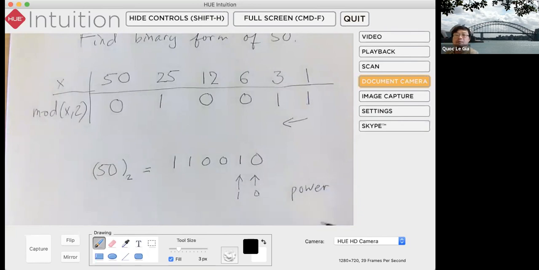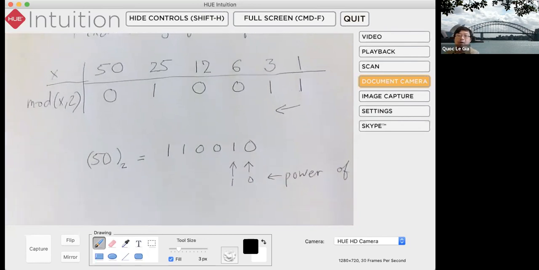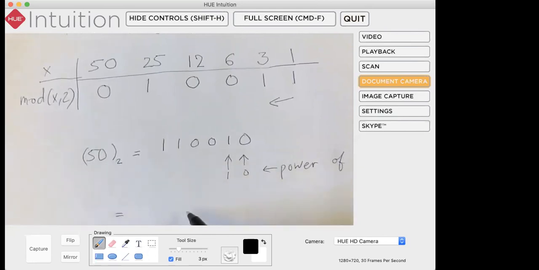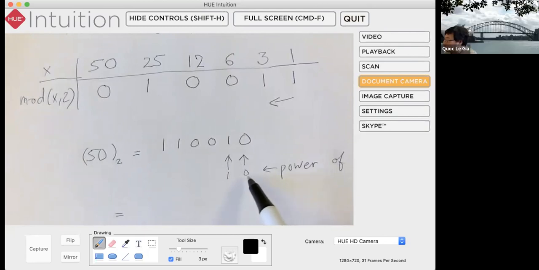So this is the power of 2. If I write it down, what does it mean? Power 0, power 1, 2, 3, 4, 5.